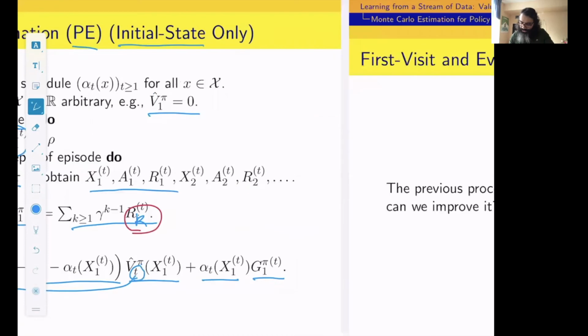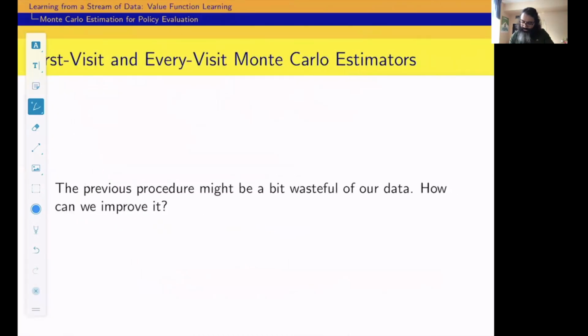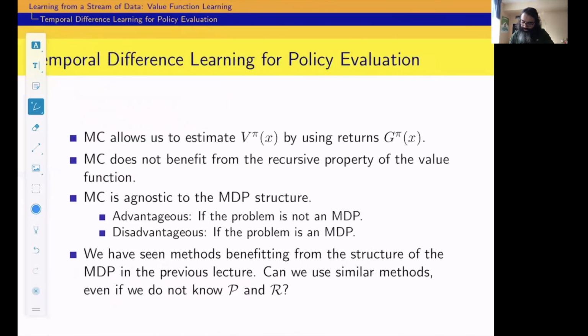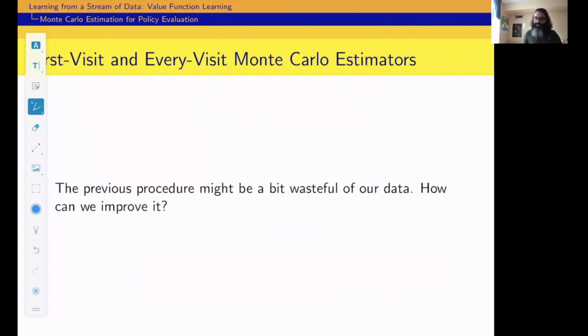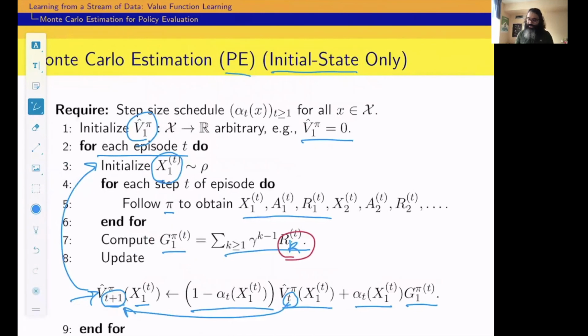Okay, so this previous procedure might be a bit wasteful of our data. My question is why, and the second question is how we can improve it. So why is this procedure wasteful?